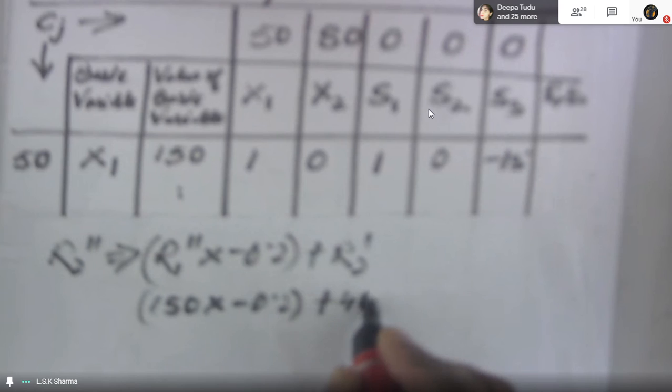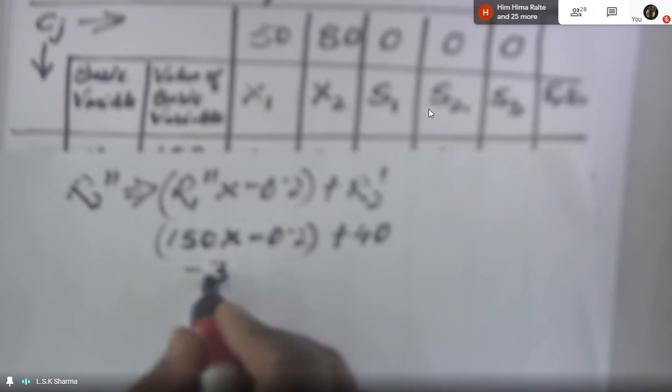Okay. Now let us take this equation. So 150 into minus 0.2 plus, what was the value out here? The value out here was, in the earlier second table, it is 40. So you write down plus 40.